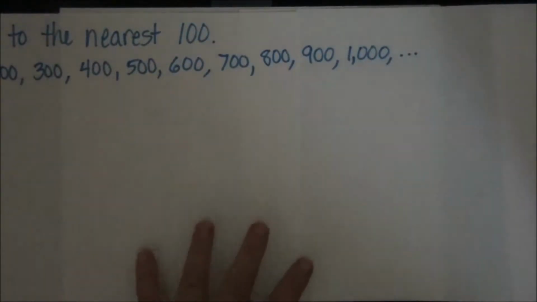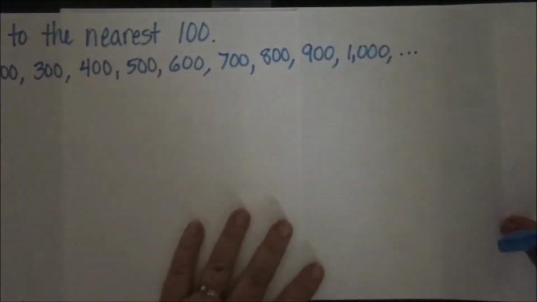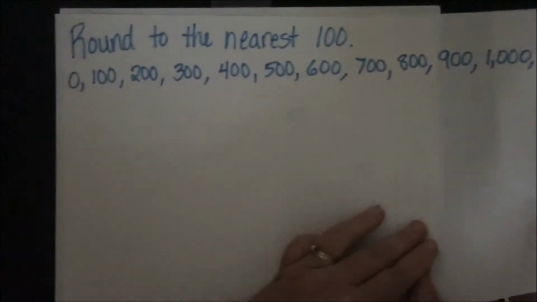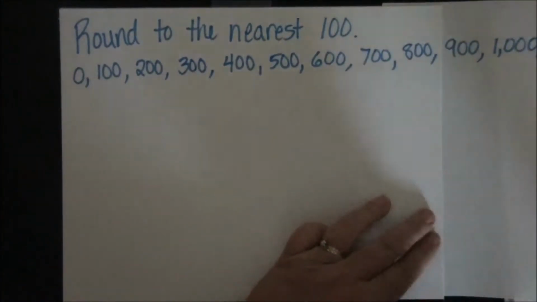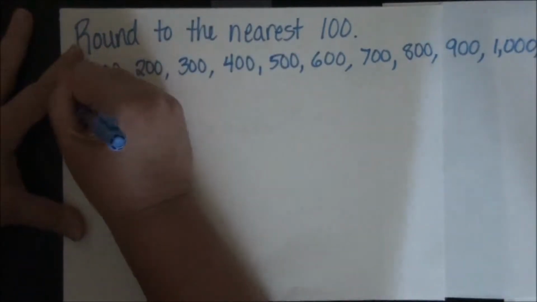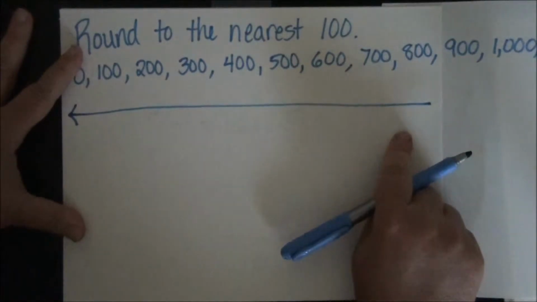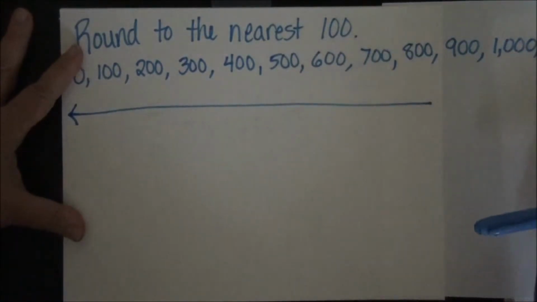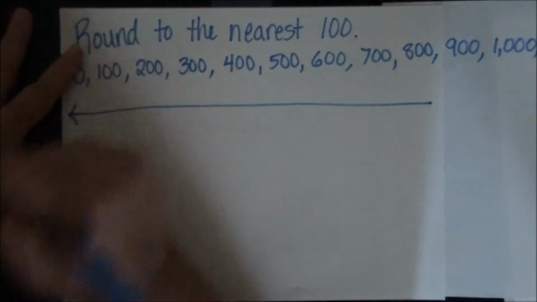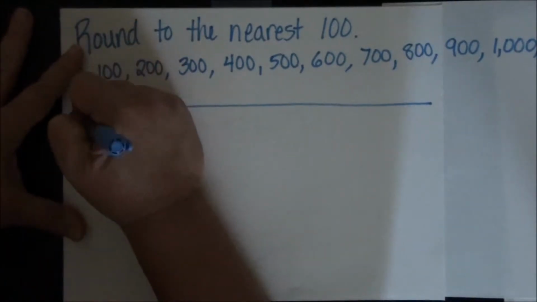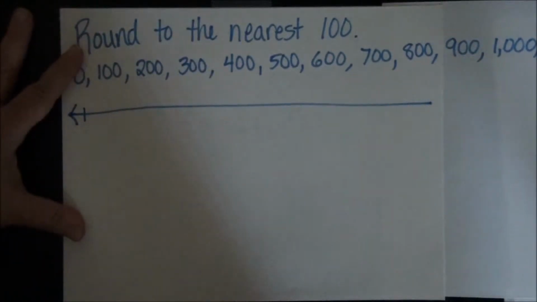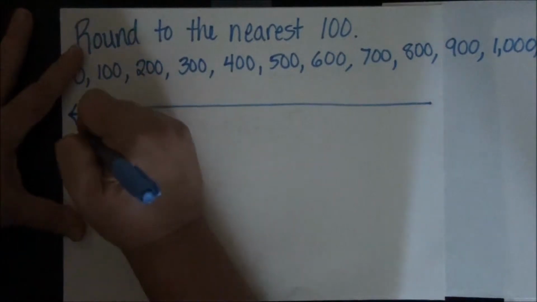So again, let's draw a number line with our hundreds. Now because we have more digits using a hundreds place, I need a longer number line. I'm not going to finish my standard number line because I'm going to have to go onto this page. Okay, so we're going to start with 100. Now I could have started with 200 or 300 or 400. Doesn't matter because the principle is still the same.